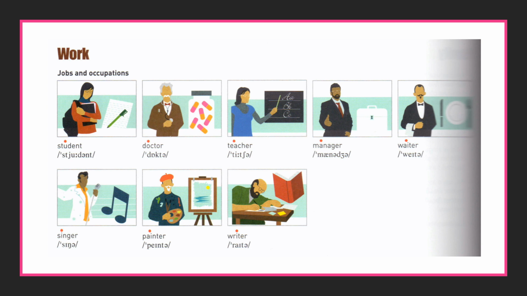Picture 5, I'm a waiter. Number 6, I'm a singer. Number 7, I'm a painter. And the last one, I'm a writer. So all of these are different examples of jobs or occupations.